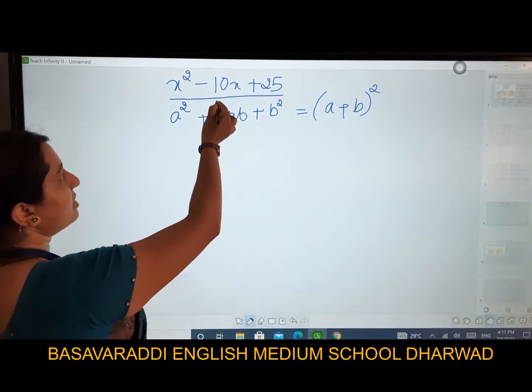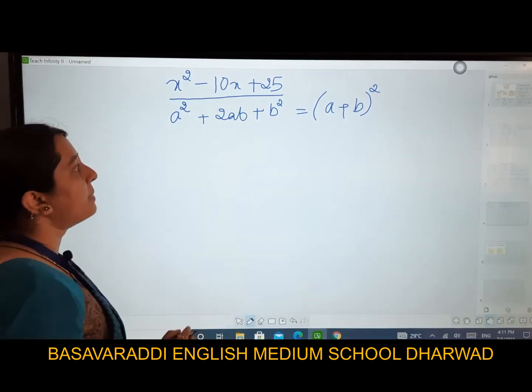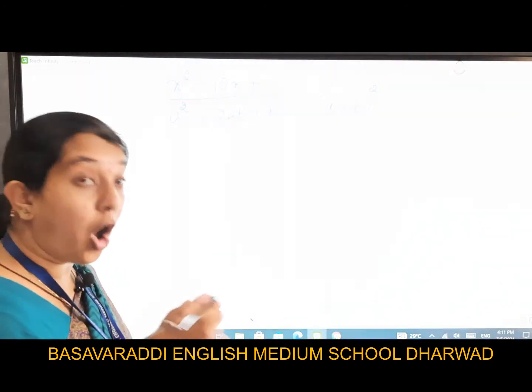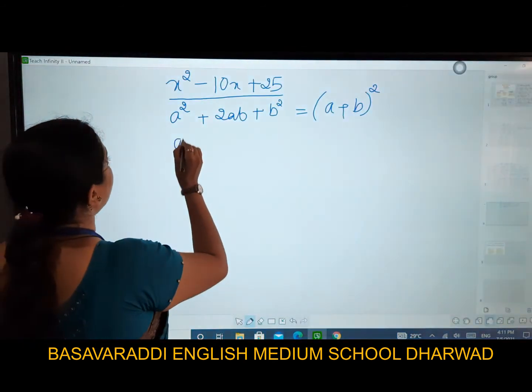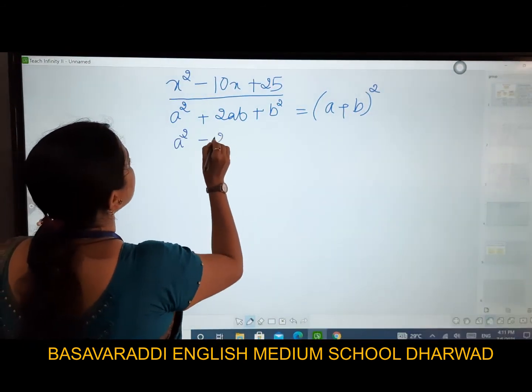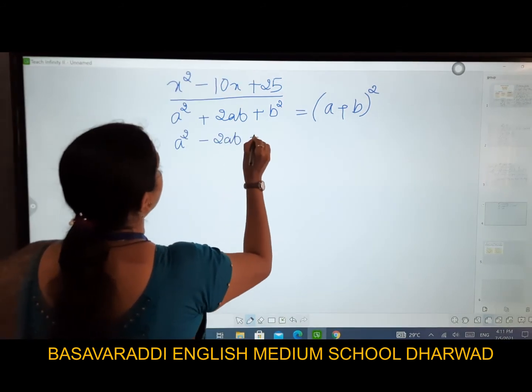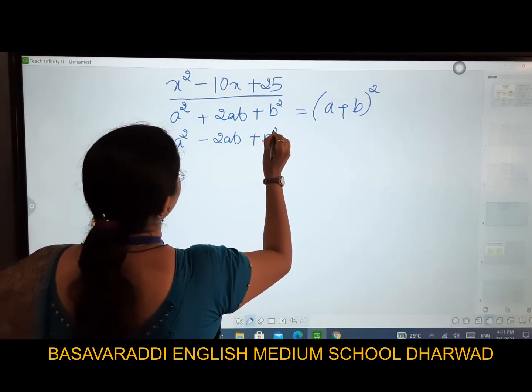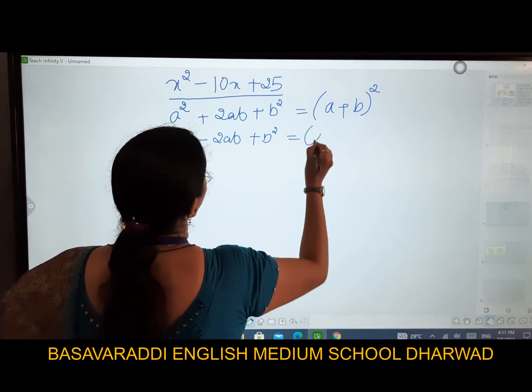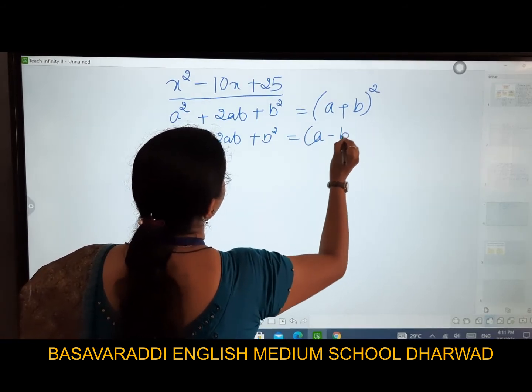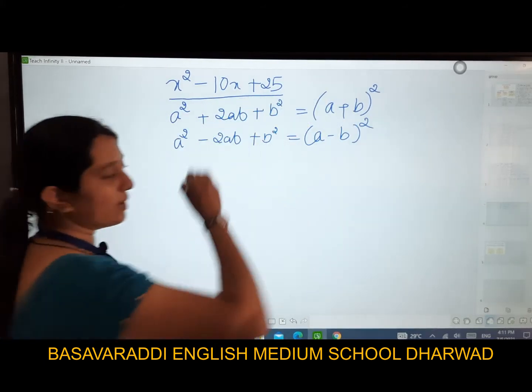First one I have written, it can be in the form of a square plus 2ab plus b square, or it can be in the form of a square minus 2ab plus b square. So that will give me a minus b whole square there.